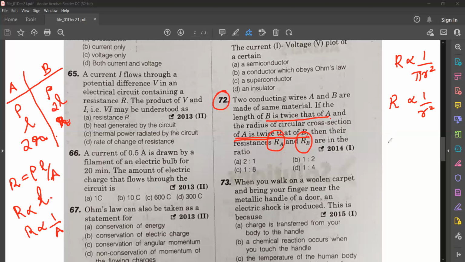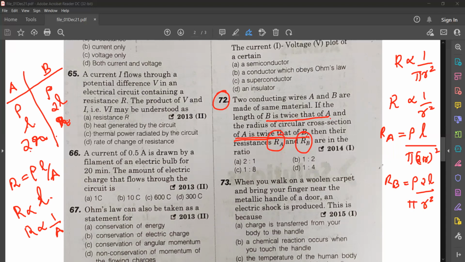So here I can write RA is equal to rho L by A, and A is pi r square, so pi into 2r square. Then RB is rho 2L by pi r square, isn't it?